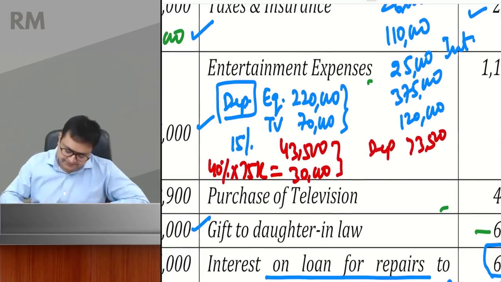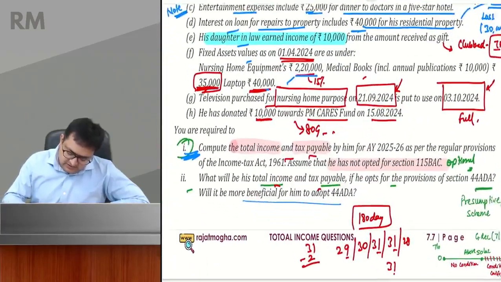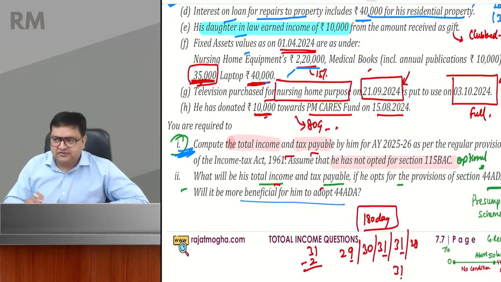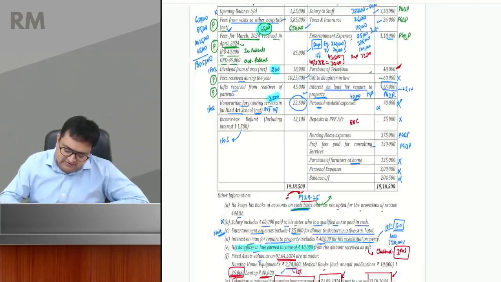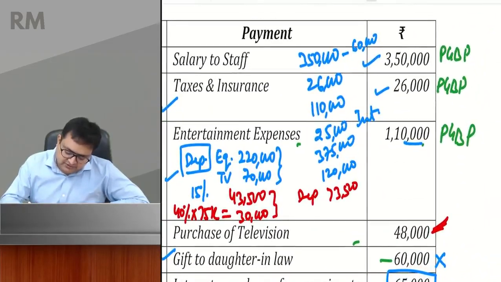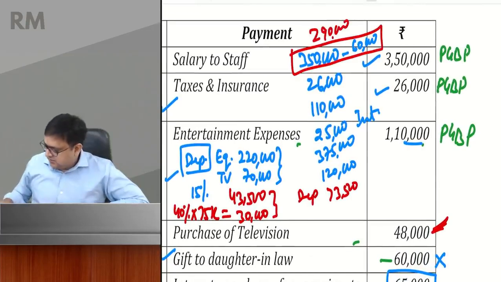That also we will claim. What else? We have donated to PM Cares Fund. That is not a business expense. So I believe these are the expenses. Everybody is okay. So this is 2,90,000 plus 26,000 plus 1,10,000 plus 25 plus 375 plus 120 plus 73,500, 10,29,500. Have I missed something?